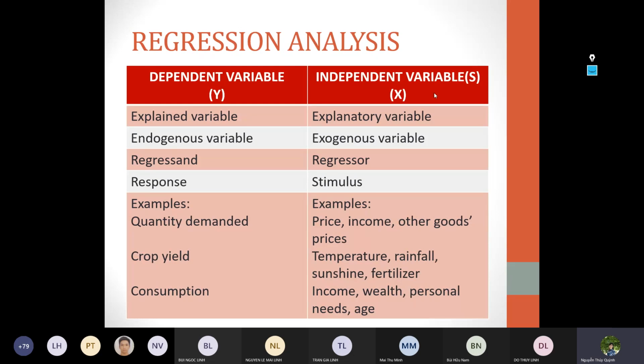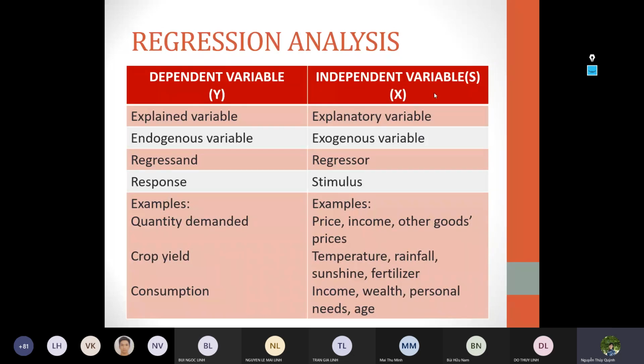Because the role of the independent variables is to explain the value of the dependent variable, the value of the independent variables does not depend on things inside the model. When you bring the independent variables into the model, their values must be fixed or known. It must be known before you bring it into the model.